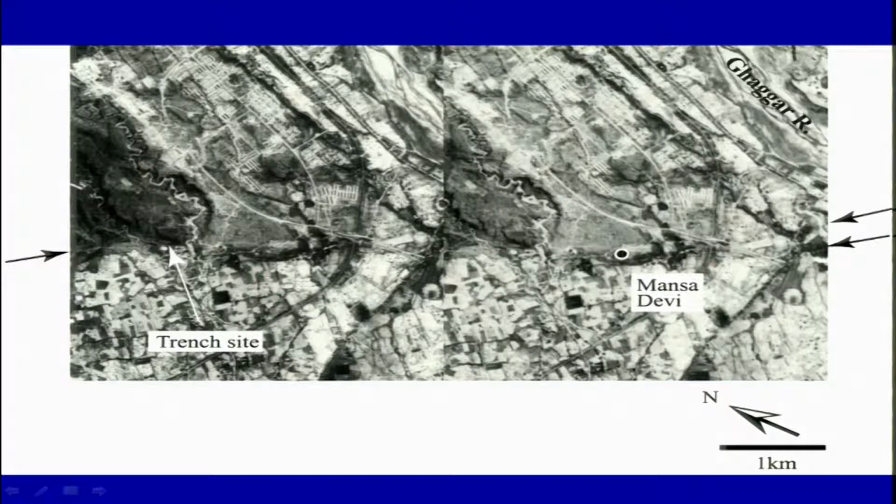So, this side is up and this is down, but in 2D you will not be able to judge, except marking some boundary between the two based on tonal variations. Other information you will not be able to gather, or your interpretation will be incomplete if you look at the terrain in 2 dimensions.